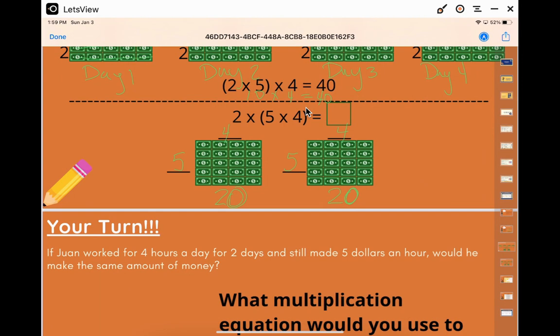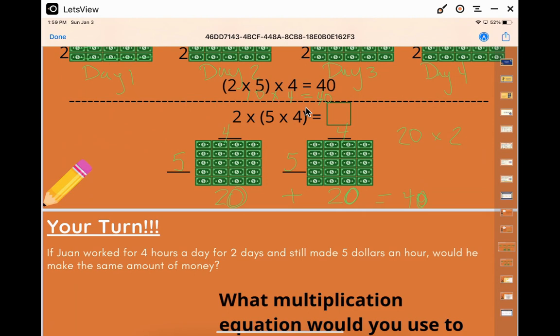Now, I could use the distributive property and just add these two up and know that 20 plus 20 is 40. In this case, however, they want me to multiply by 2. So they are multiplying 20 times 2. Because this is a big problem and we haven't talked about it yet, this is one where we would use the distributive property.